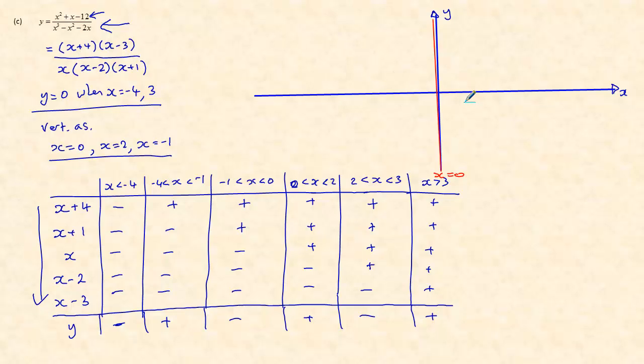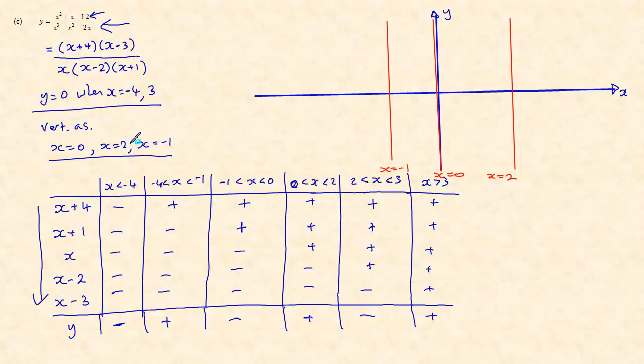And then we also have that x is equal to 2. So this one's x equals 2. And we also have x equals negative 1. Probably put that too far across, so let's just grab it and move it. In fact, I'm going to move this one a little bit. So let's just move that one a bit that way. Like so. So this one is x is negative 1.